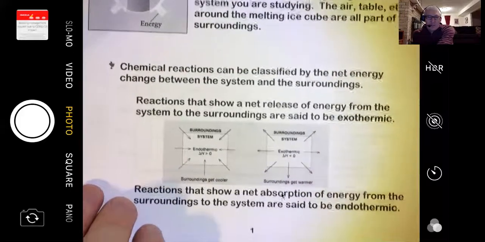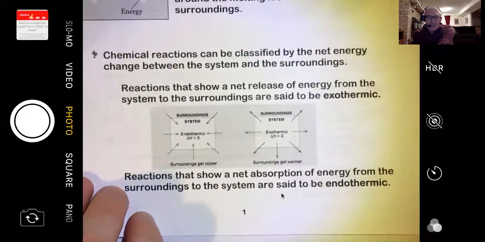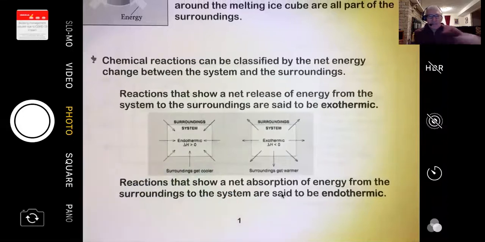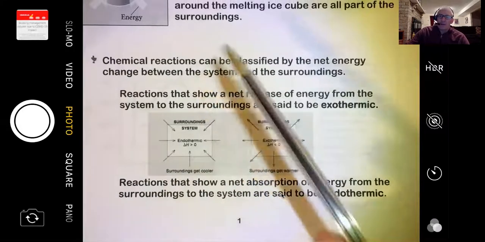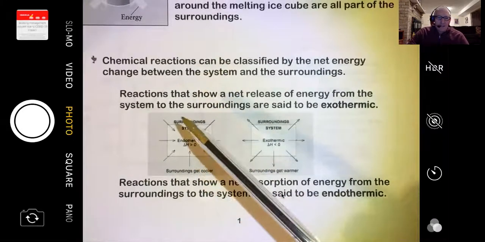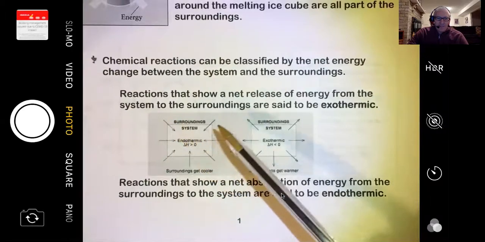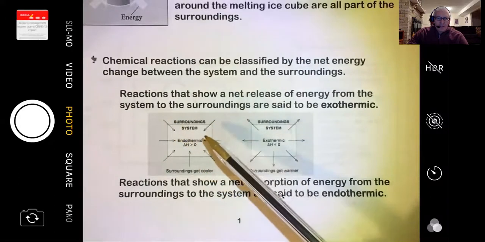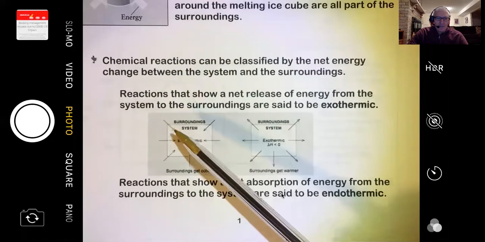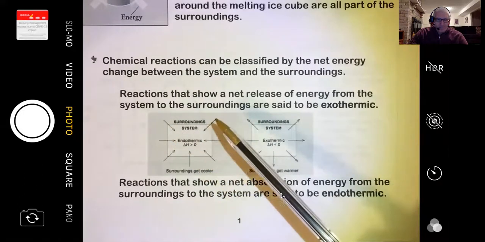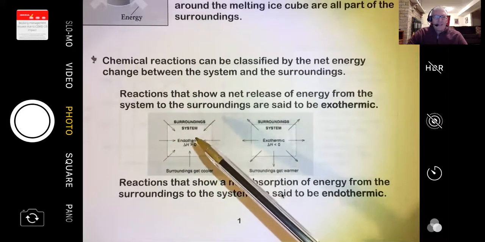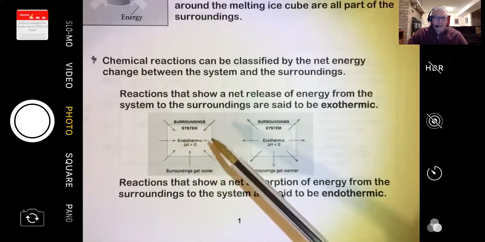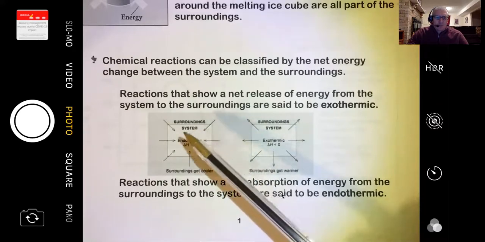All right, so let's talk about the two different types of reactions here. Reactions can be classified depending on whether or not energy is going into the system from the surroundings. If I am giving energy to a system, the reaction absorbs energy from its surroundings.